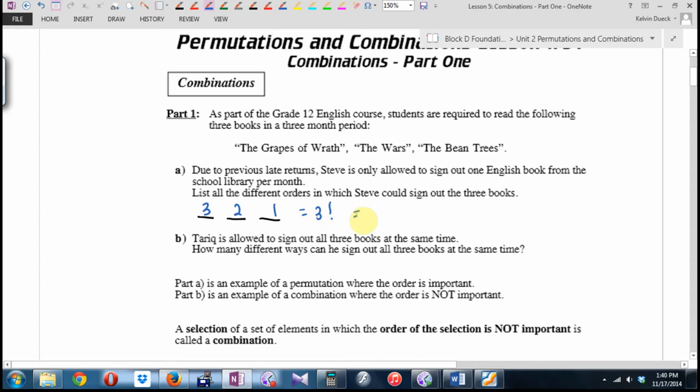Tell me another way to write that. As a number, but can you tell me another algebraic way to write that? From 3 objects, permutate all 3 of them, because that'll also give you the same answer. Okay? 6.